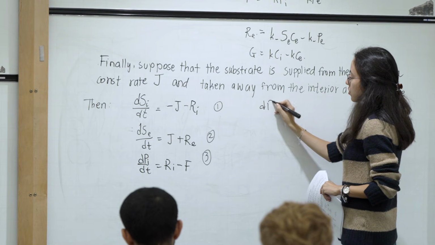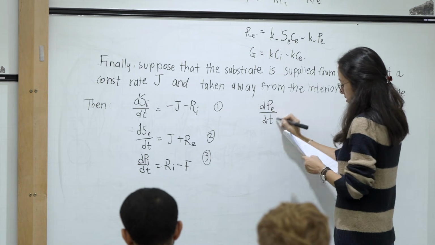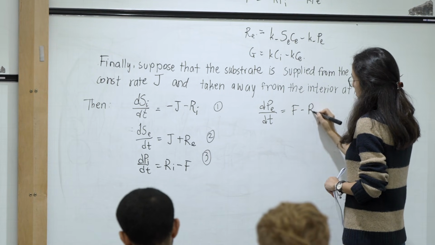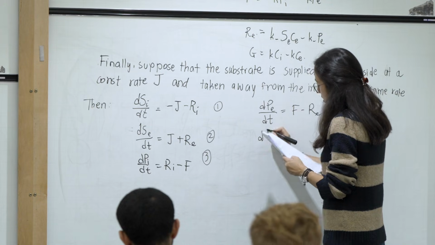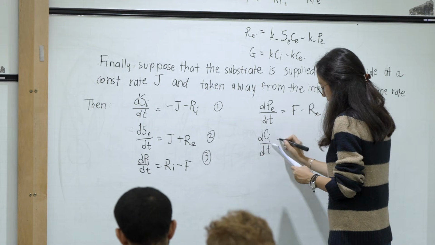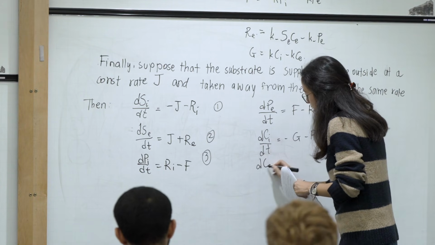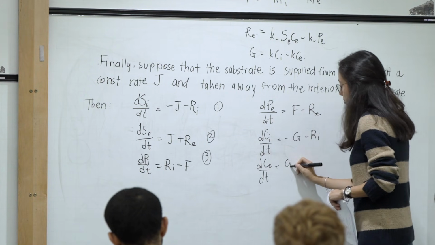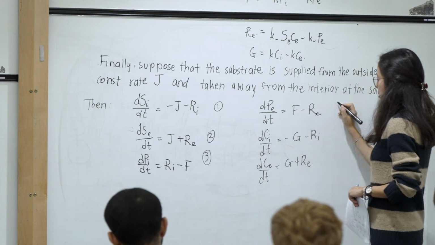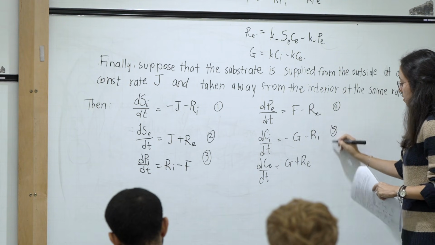I also have the product on the exterior. This is going to be F minus the reaction Re. dCi/dt is minus G minus Ri. And finally, I have dCe/dt. This is G plus Re. So this is the fourth, fifth, and sixth equations.